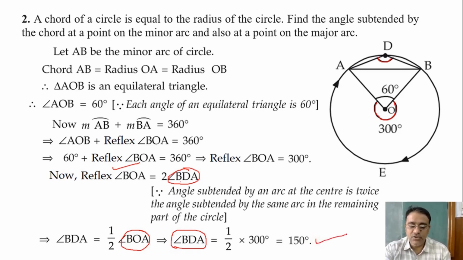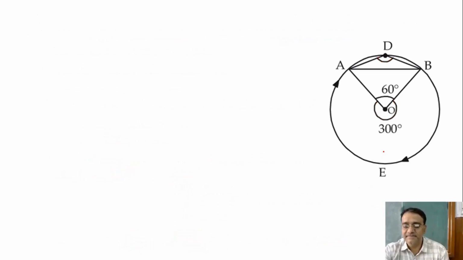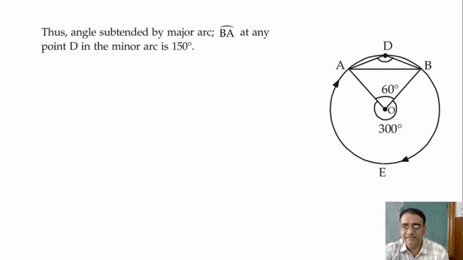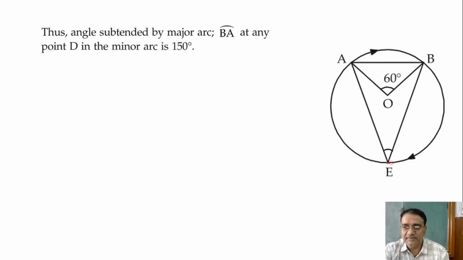Okay, fine. So we got this value, for the point on the minor arc. Now we are going to take a point on the major arc. So for the major arc, we are taking a point here. Now this angle AOB is 2 times angle AEB by using the same property, that is the angle subtended by an arc at the center is double the angle subtended by it at any point on the remaining part of the circle.